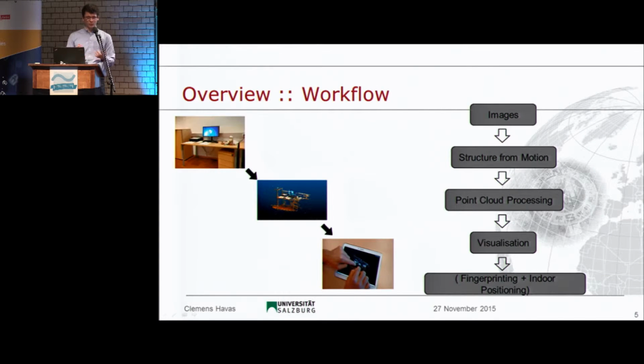Then we have to do point cloud processing, and we also do the visualization of the point cloud, but this is just a byproduct as we want to get the significant points out of it and don't want to visualize the rooms. At the end, because the project is still in progress, we would like to implement a fingerprinting algorithm and then have indoor positioning.